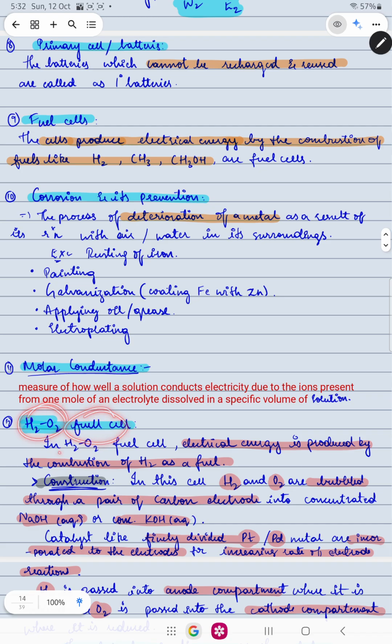Hydrogen oxygen fuel cell. In the hydrogen oxygen fuel cell, electrical energy is produced by the combustion of hydrogen as fuel, not methane or methanol.